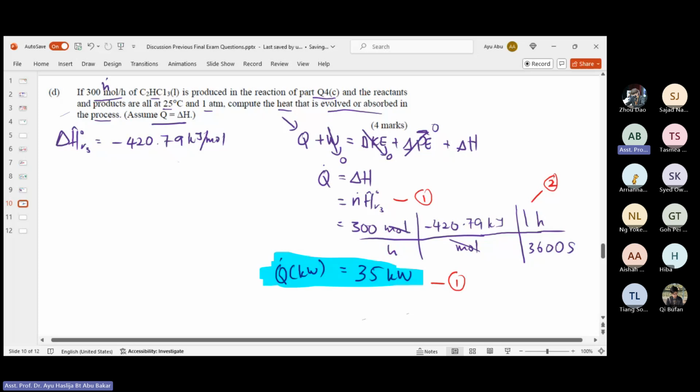Okay, 2 marks are due to unit conversion. Here y2 with the correct value of the HR is 1 mark, then unit conversion 1 mark. Correct unit conversion, 4 marks.